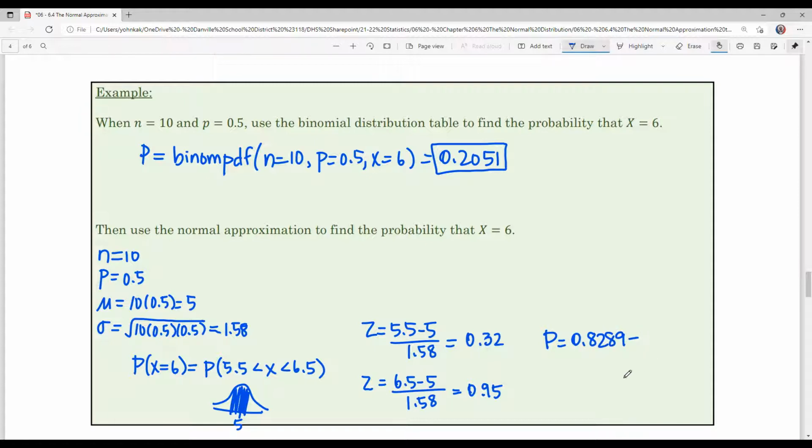If I look up 0.32 on the z-score table, I get 0.6255. This gives me a difference of 0.2034, which if you compare 0.2034 to 0.2051, that basically is only 0.2% of a percentage off. So it is a very good approximation, if given the right circumstances.